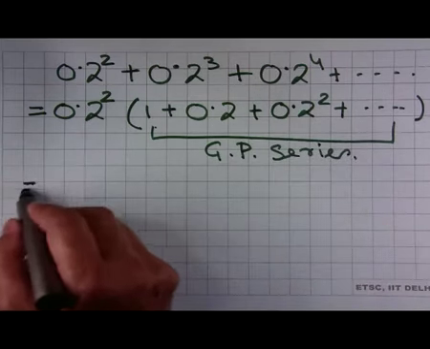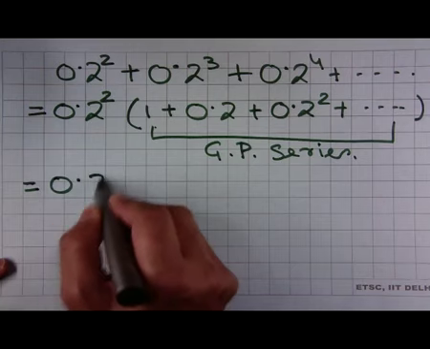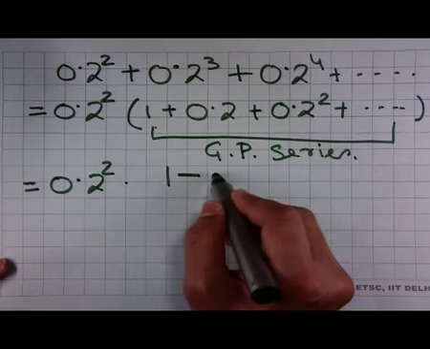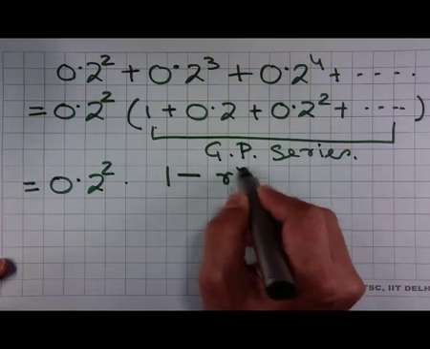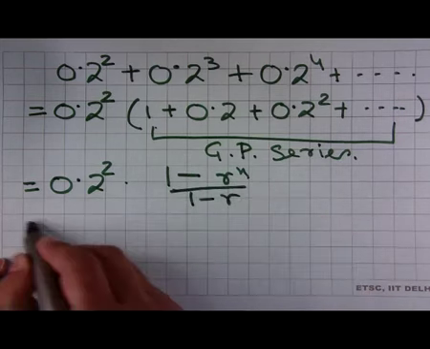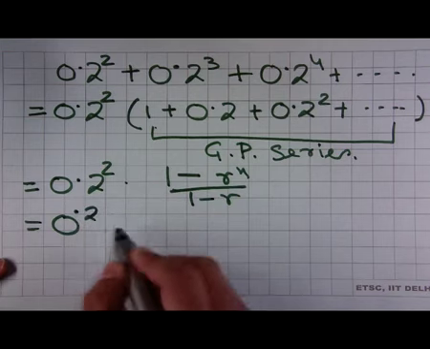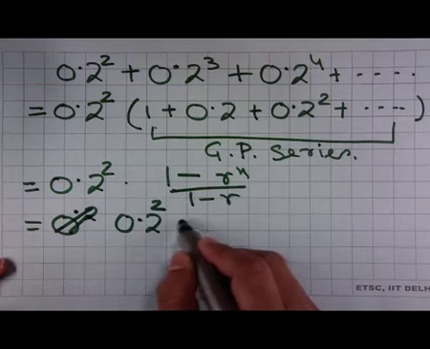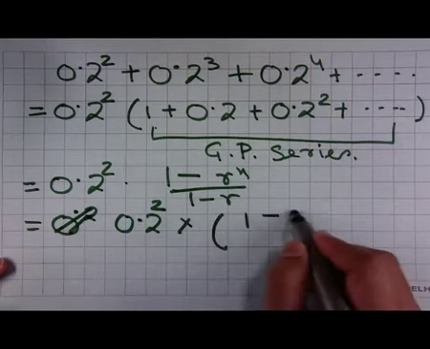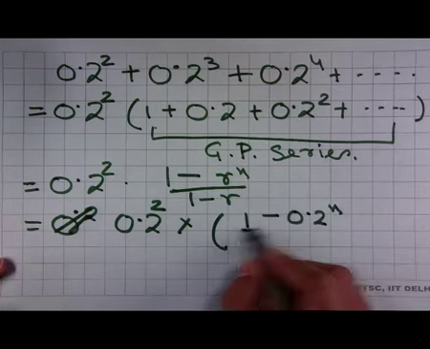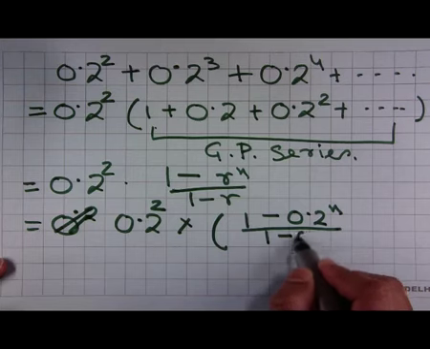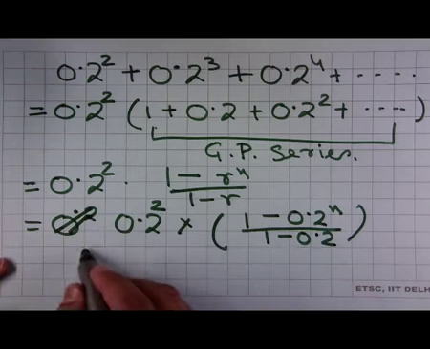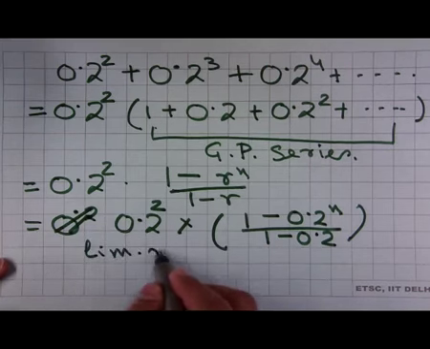Therefore, this is equal to 0.2 square, and we know that this sum is (1 minus r to the power n) upon (1 minus r), so 0.2 square multiplied by (1 minus 0.2 to the power n) upon (1 minus 0.2), and take limit n goes to infinity.